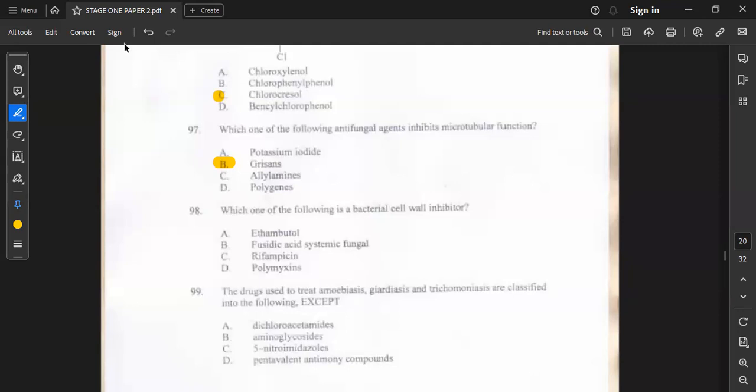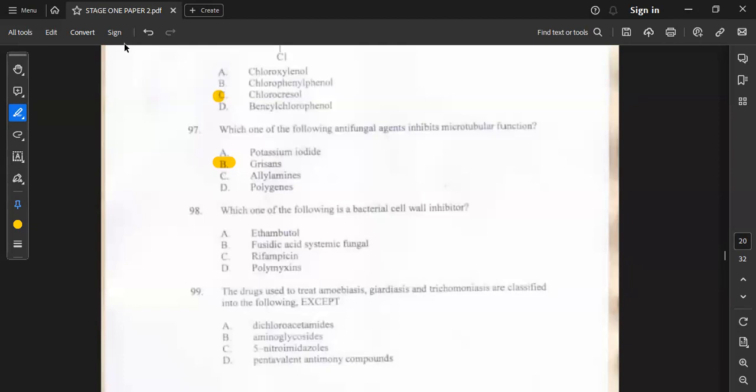And on that note, the mechanism of the other drugs listed here. Fusidic acid is, I think, a protein synthesis inhibitor.